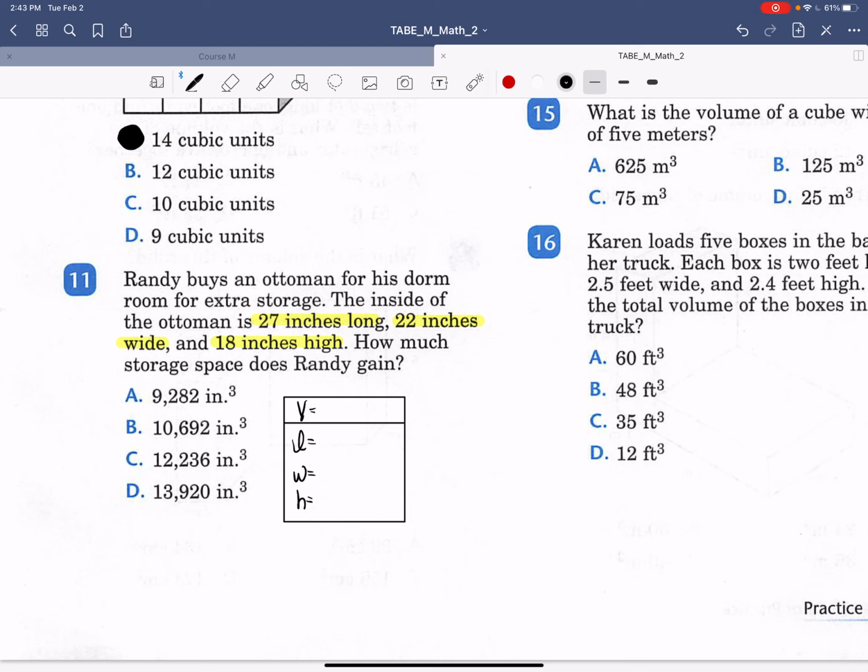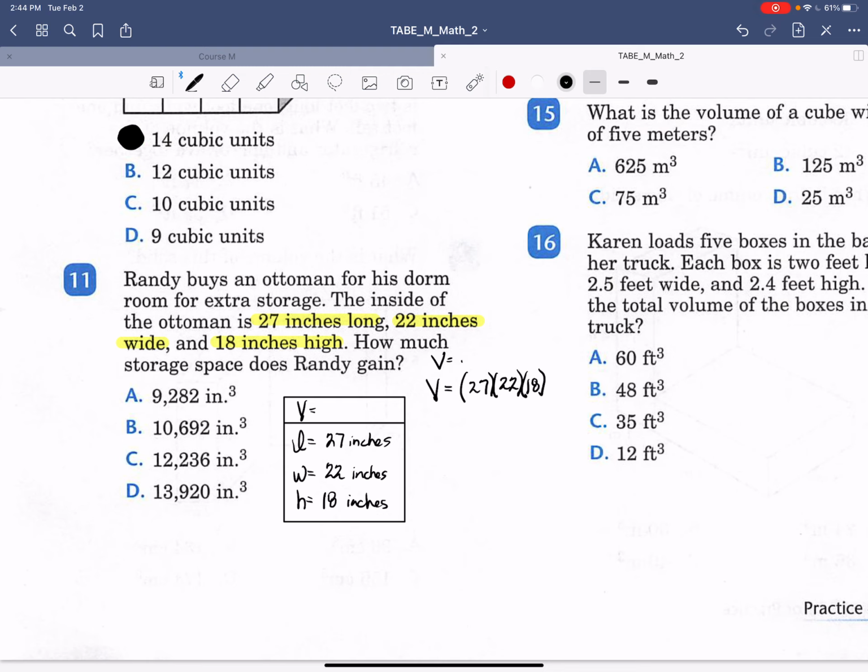Okay, so the length is 27 inches. The width is 22 inches. And the height is 18 inches. One thing this does is force you to make sure your units match. And they do, so we're good. 27, 22, and 18.